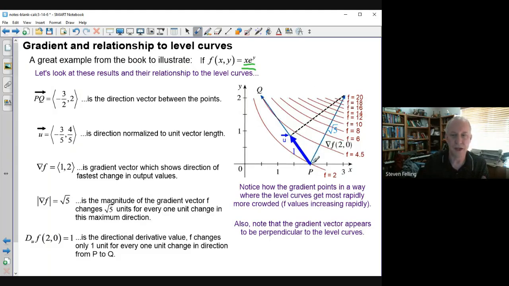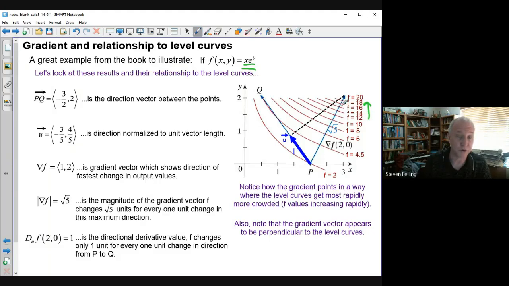Okay, and then at this location, the gradient vector turned out to be 1, 2. So 1 in the x for every 2 in the y. This is the direction in the xy plane that we would go if we want the maximum increase in the function value. The length of that is the square root of 5, 2 point something. So for every 1 unit that we travel in this direction, the function values go up by the square root of 5.